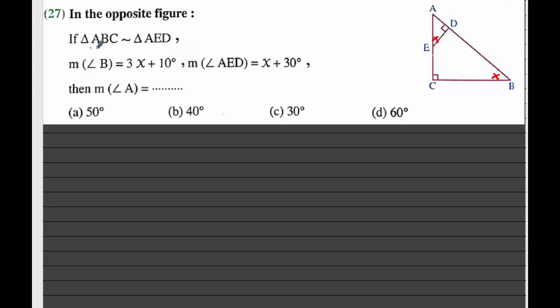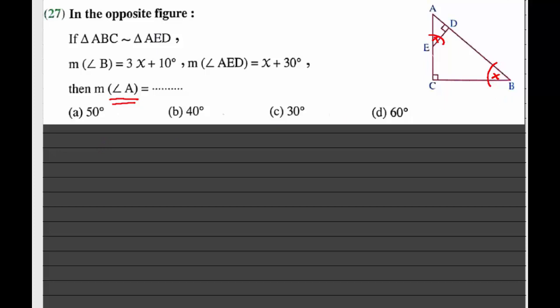So measure of angle ABC equals measure of angle AED, right? Measure of angle B equals 3x plus 10, and the measure of angle AED equals x plus 30. The required here is to find the measure of angle A. First we must deduce the value of x to determine the measure of each angle in this triangle.